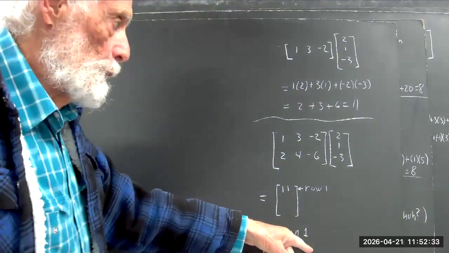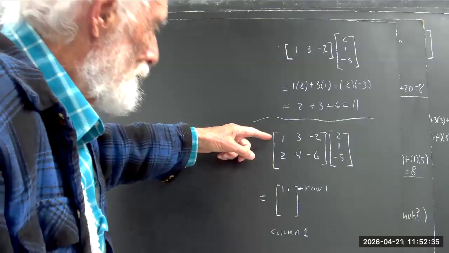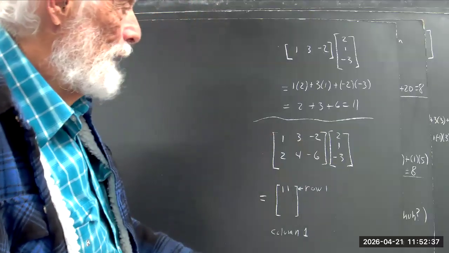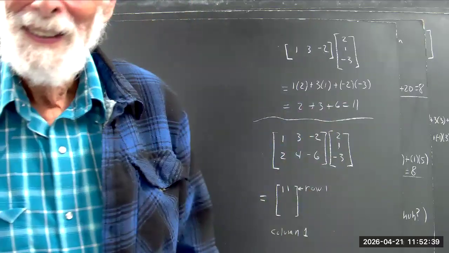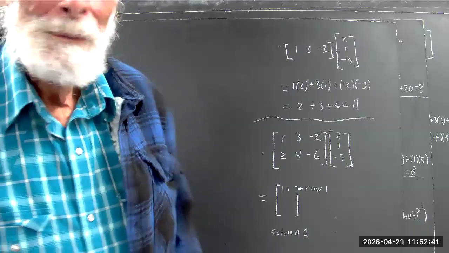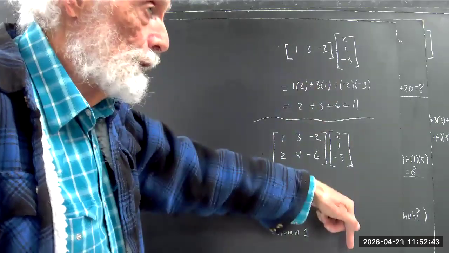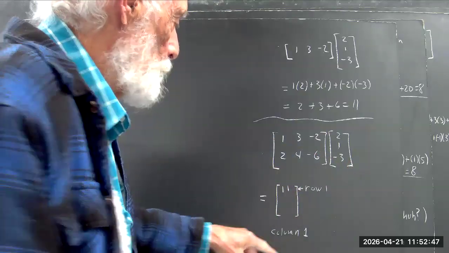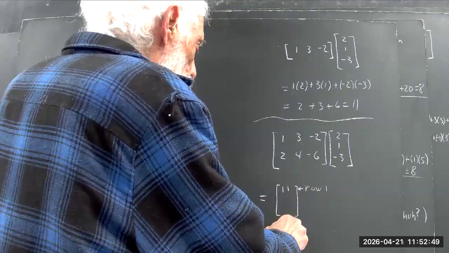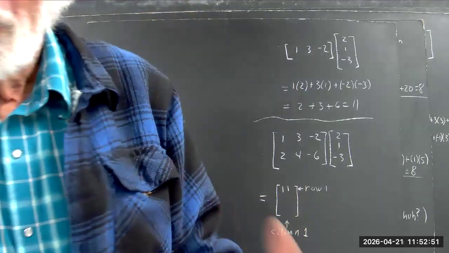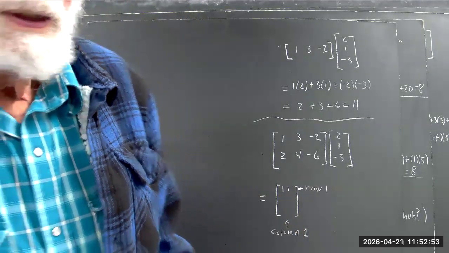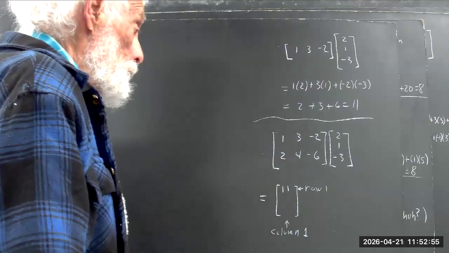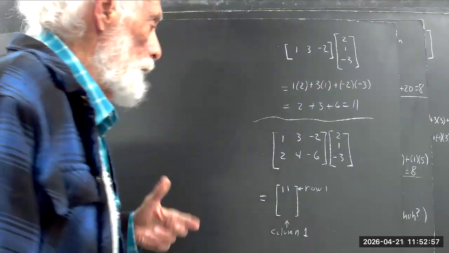And it goes in column 1 because you used row 1 and the only column you got is column 1, right? So row 1 times your column, which is column 1, goes in row 1 and column 1 of a new matrix.